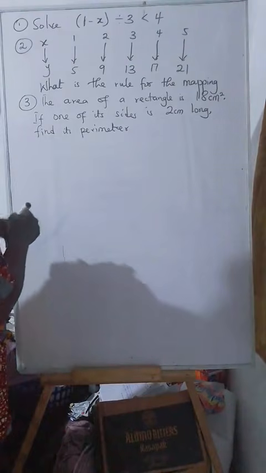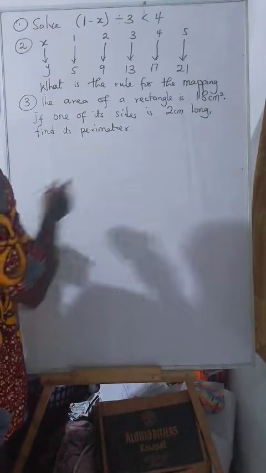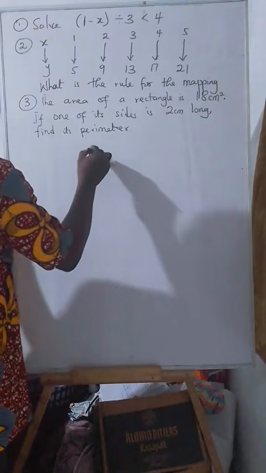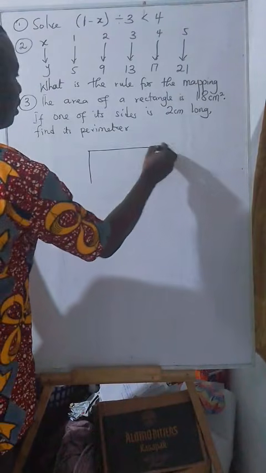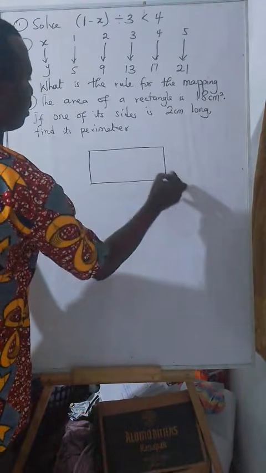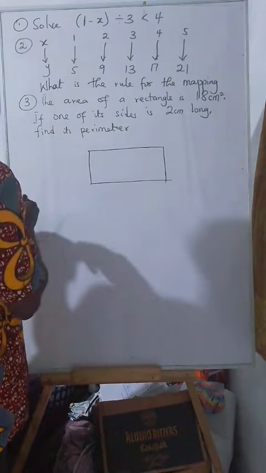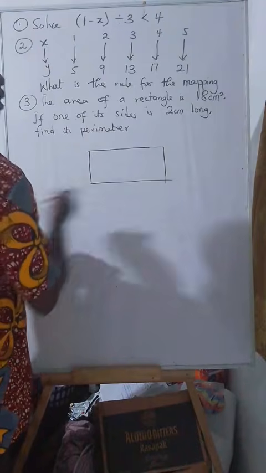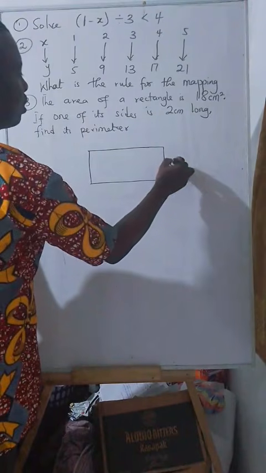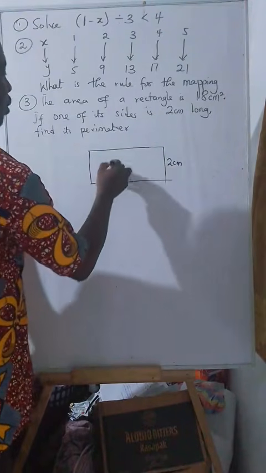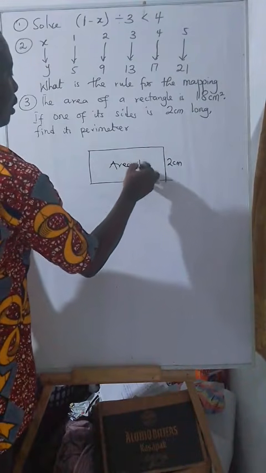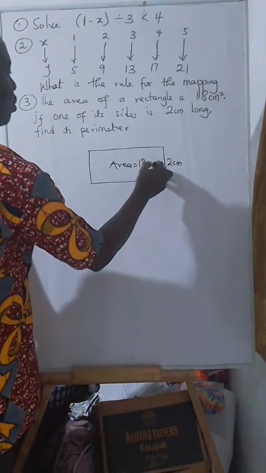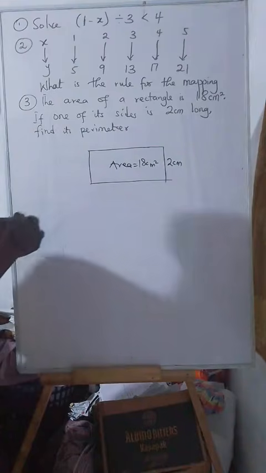Last question we have is the area of a rectangle. So let's say that this is a rectangle here. They are saying if one side, let's say this side is 2 centimeters and the area is 18 centimeters square, you find the perimeter.